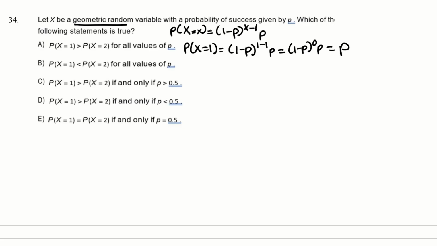So the probability is simply just p. Now, if I do x equals 2, then it's 1 minus p to the 2 minus 1 power times p, which is just 1 minus p times p.